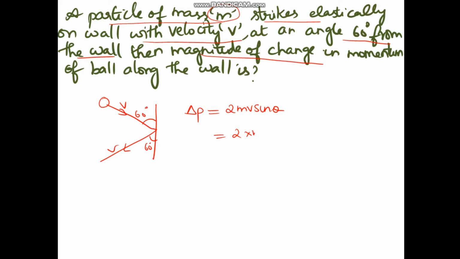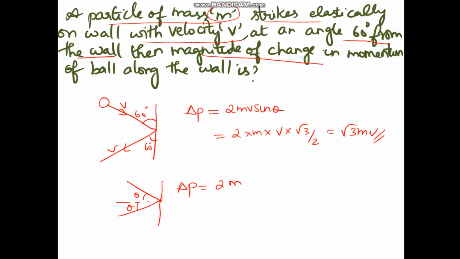So 2 into m into v into sin 60, which is root 3 by 2. So the answer is root 3 mv. Suppose if this angle is theta from the normal, then change in momentum is 2mv cos theta. Directly remember this as a formula. In the previous video I would have worked out the steps, but from now you directly remember this as a formula.